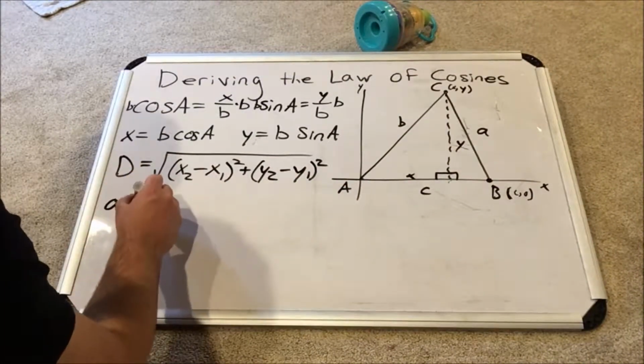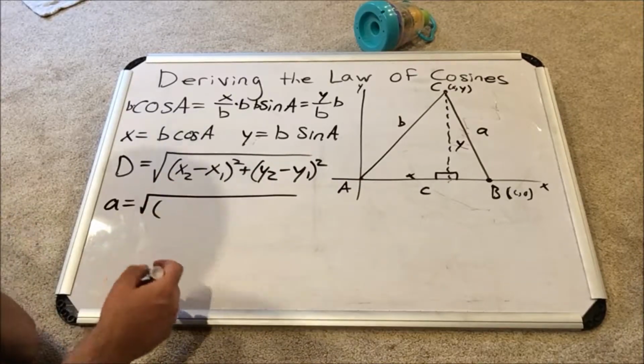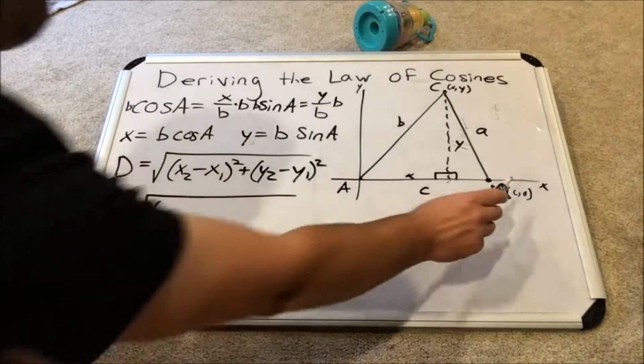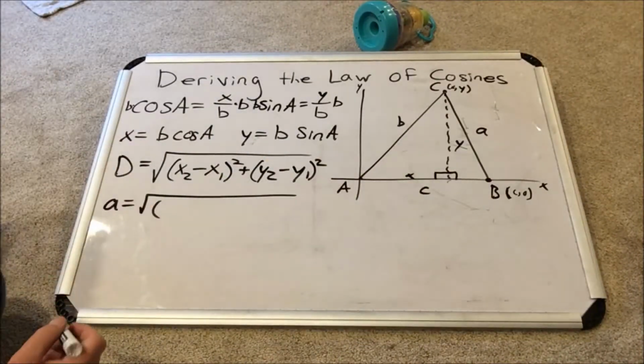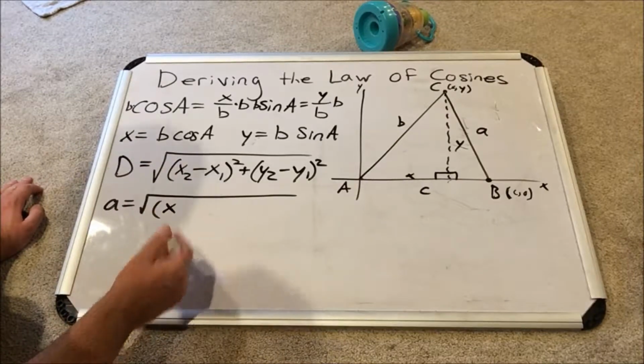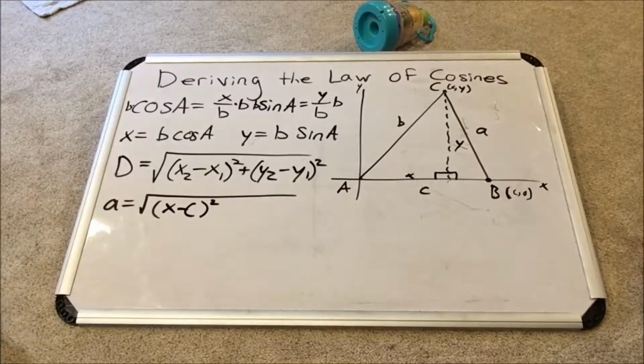So the distance of side a will be the square root of, we will choose the point C as our second point and point B as our first. So x2 minus x1 will just be x minus c, squared in our particular situation.